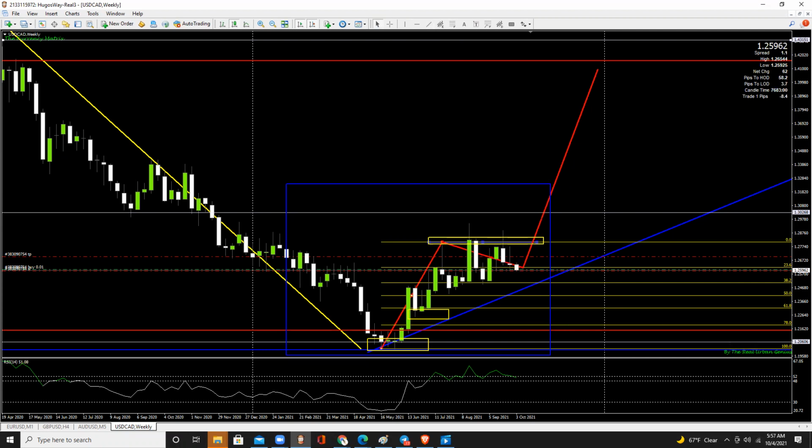Again, an ABCD pattern is simply point A, point B, point C. And you might ask, well, how do I find point D? Once you have an ABC, you pull out your Fibonacci expansion.